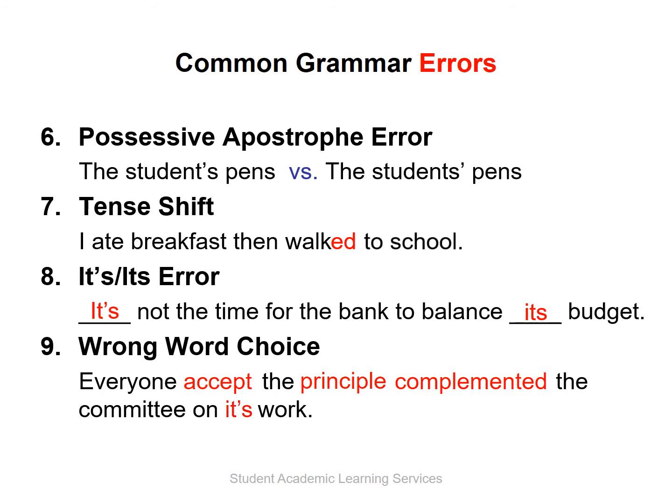All right, so even though the sound is okay when you read the sentence quickly, the words are not correct. And the words that they're representing are very similar in sound, but completely different in meaning. So everyone except the principal complimented the committee on its work. The difference for accept and except: accept is to receive something.